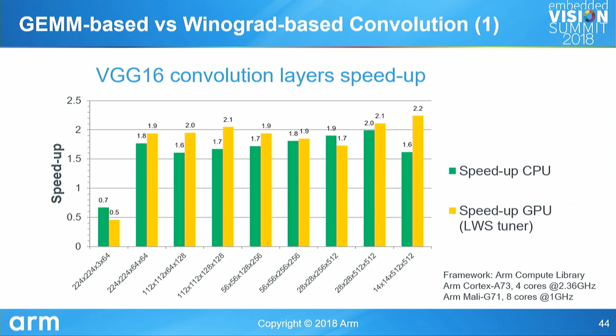In some cases, we have 1.7, 1.6, but the overall benefit is great. I mean, we are over 1.5 times better performance in almost all cases. Just in one case, as we could expect, we are not faster with Winograd. And it is the first convolution layer, when we have only 3 channels for the input tensor.